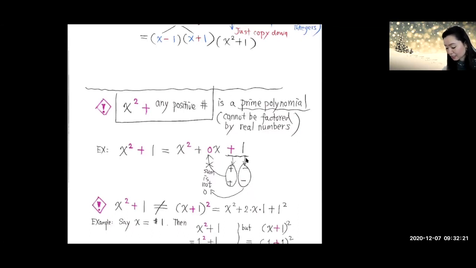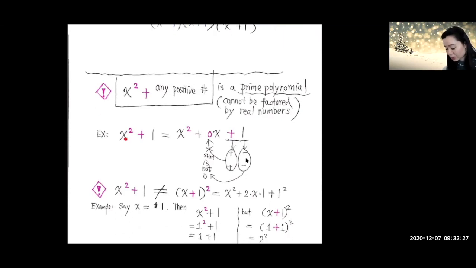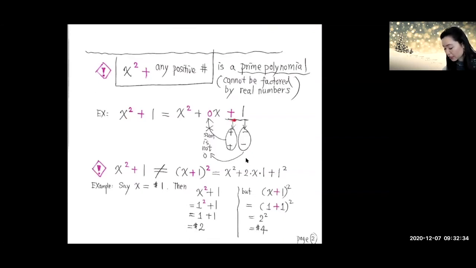Let's think about this. So x squared plus 1. Remember when we do trial and error factoring, you have to think about two numbers that multiply to be 1 and sum to 0, since there is no x term in the middle. So you can put 0 times x, which is 0.